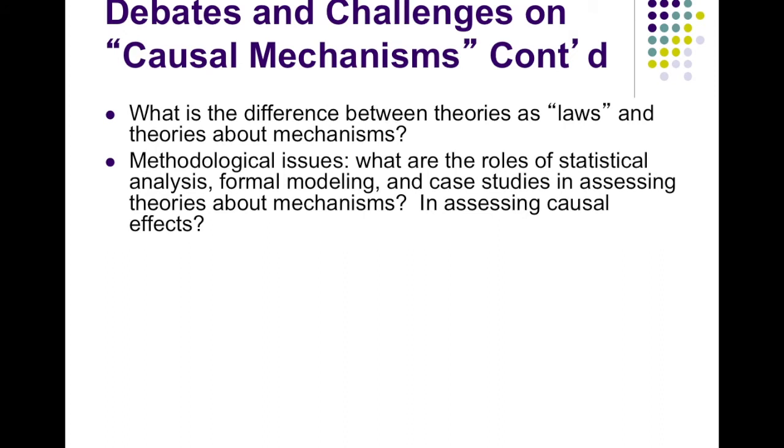And so this, I think, is the essential difference between explaining by reference to laws versus explaining by reference to mechanisms, right? Okay, there's also the question of how different methods relate to the study of mechanisms. Case study researchers were some of the first and most forceful to say, we are studying the role of causal mechanisms in explaining the outcomes of particular cases. But a lot of people who use statistics would say, we're also trying to understand how causal mechanisms work.